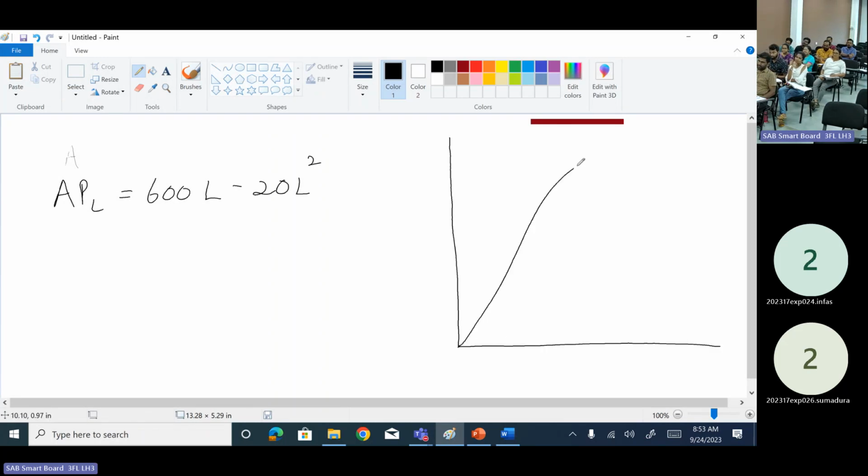The total productivity, right? The point where productivity is maximized, the marginal productivity curve.